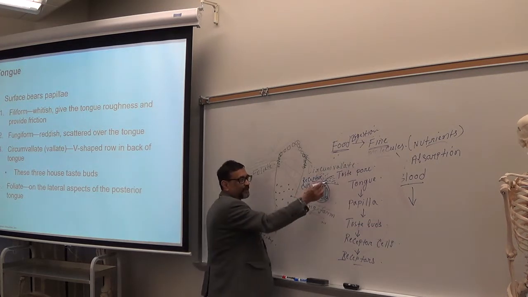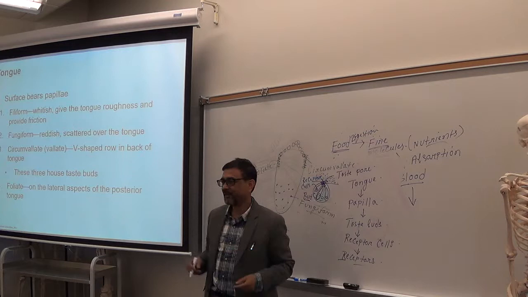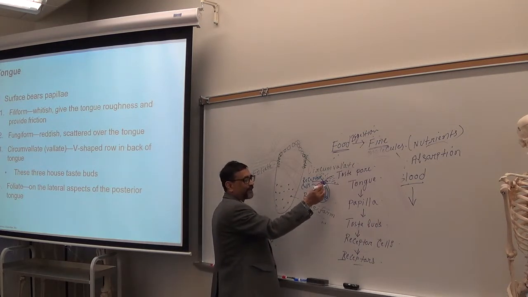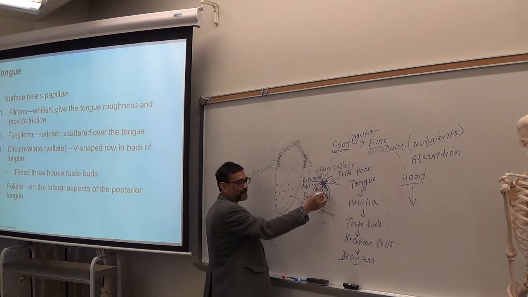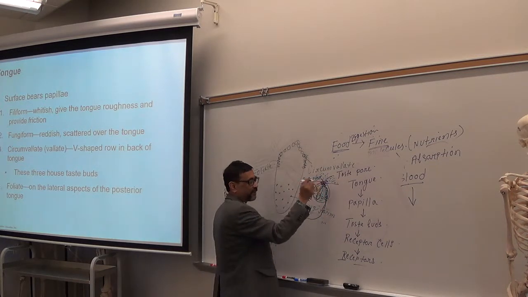So now the water-mixed fluid can easily enter into the taste bud. Make sense? Mixed with saliva, it can enter. And the food molecules bind with the receptors. And when that receptor and food molecule binding occurs, then a signal goes through the cell to the brain. Okay? And you taste the food.